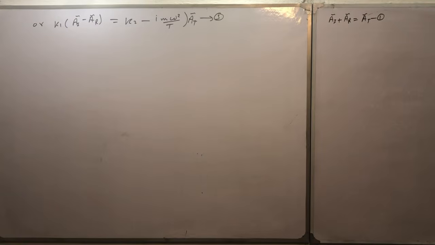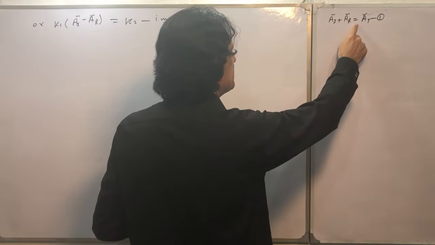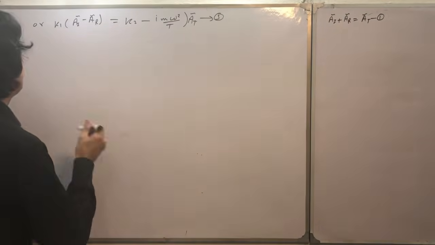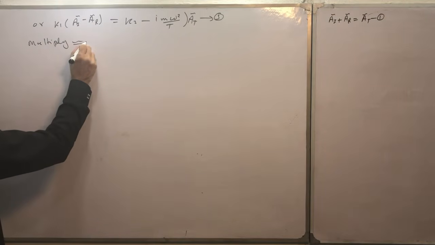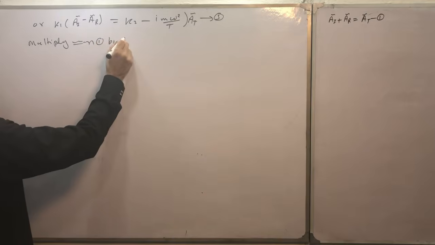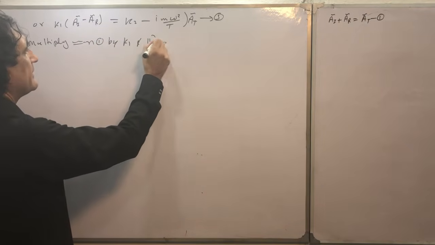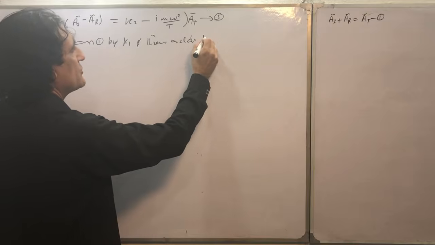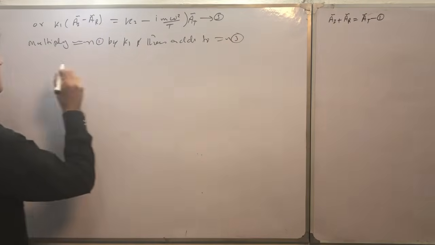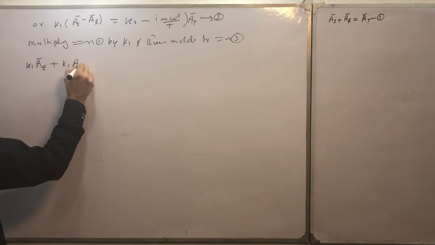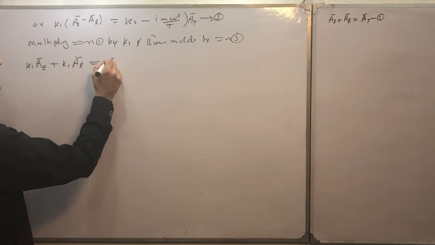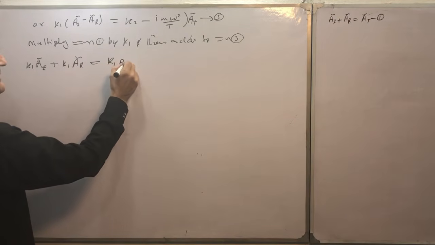Multiply equation 1 by K1 and then add it to equation 3. So we have K1 AI plus K1 AR, which is equal to K1 AT.